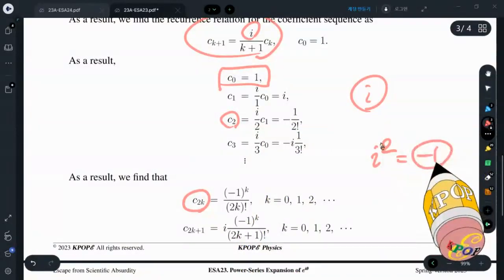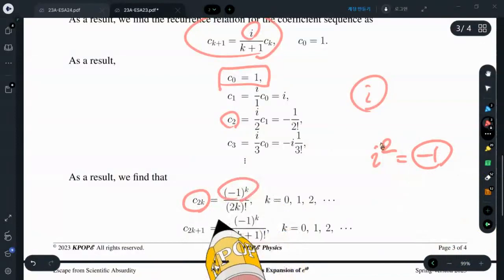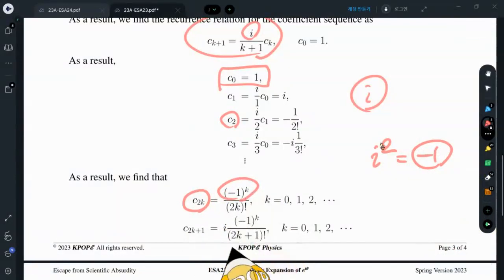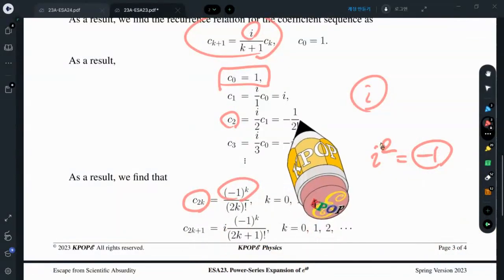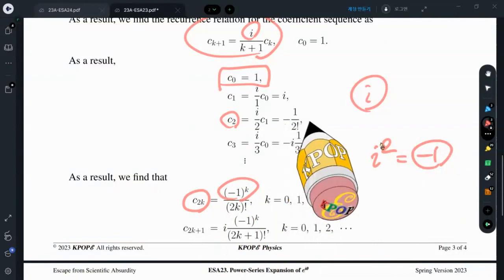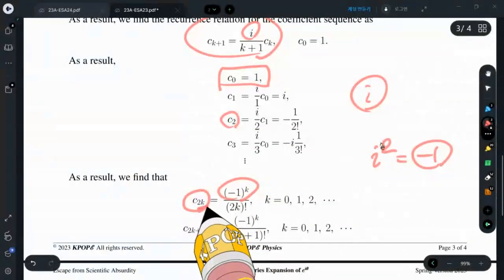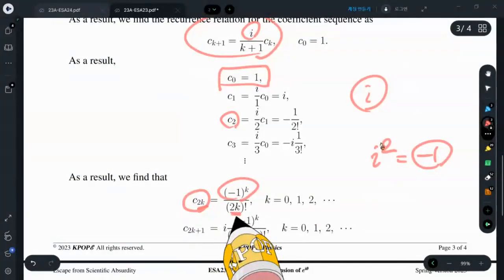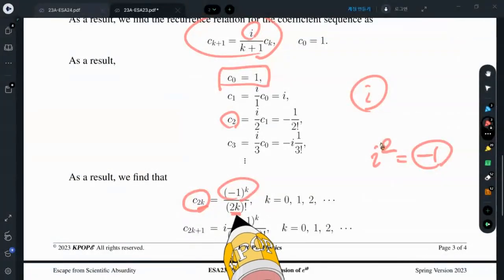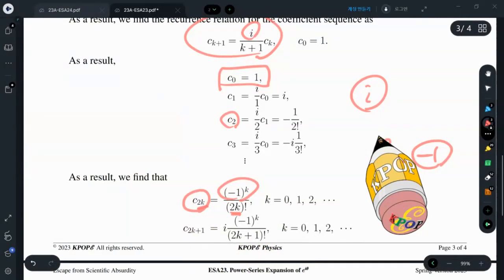is minus 1. So we have minus 1 to the k factor. Because we have a k factorial style denominator, if I have an even number, then the denominator becomes even factorial.